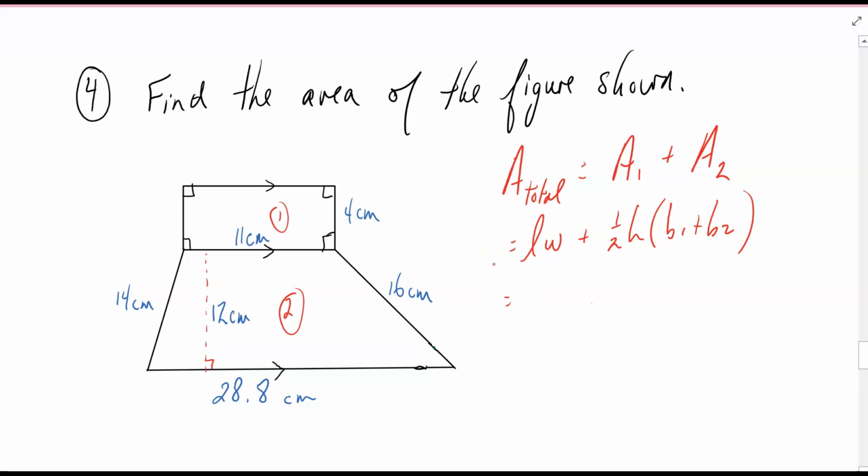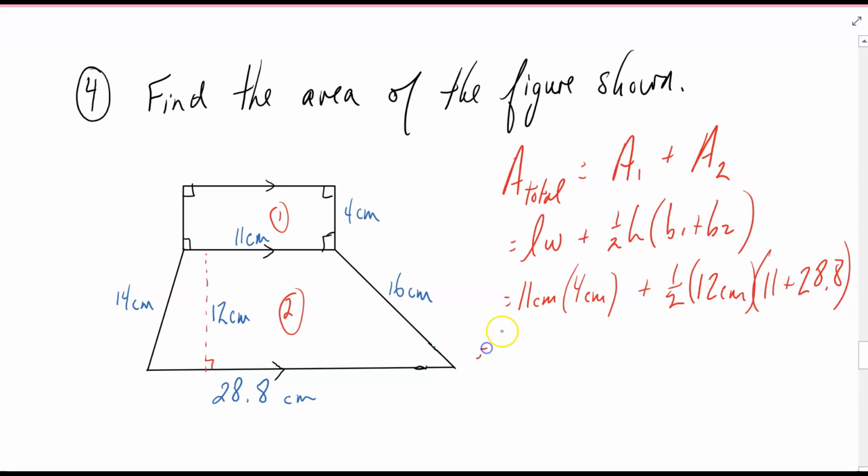Length times width, that's 11 centimeters times 4 centimeters plus 1/2 the height, 12 centimeters of the trapezoid, multiplied by 11 centimeters plus 28.8. I'm just going to leave the units out of there because of the space.